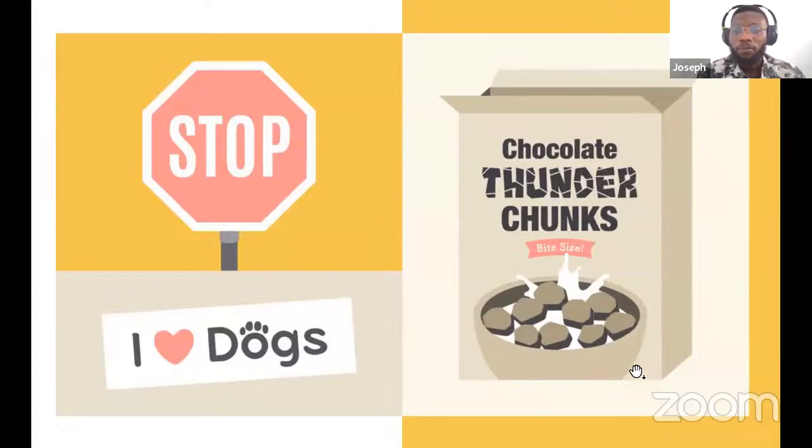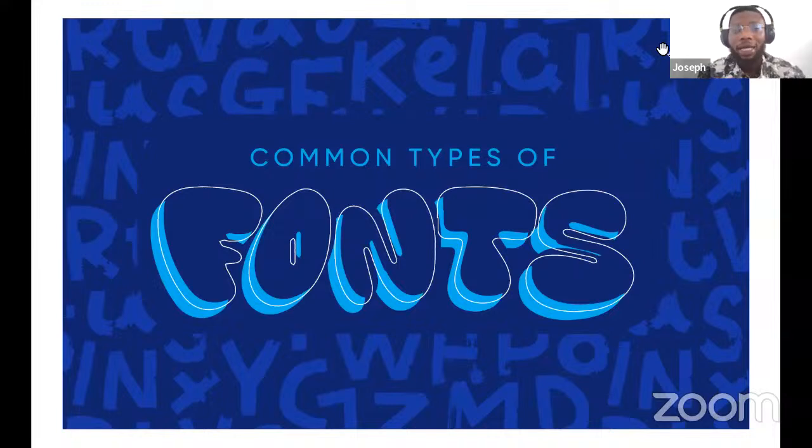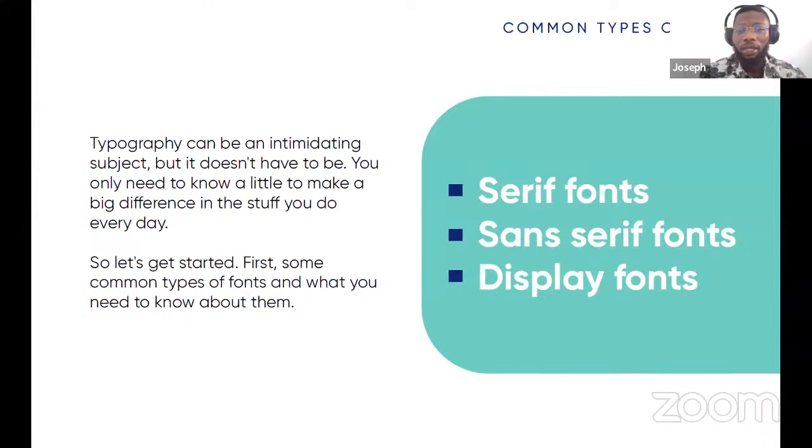Okay, so let's keep it going. And we talked about the common types of fonts, which are like branches, like I mentioned yesterday. And then we said they are serifs, sans serifs, and display, right?